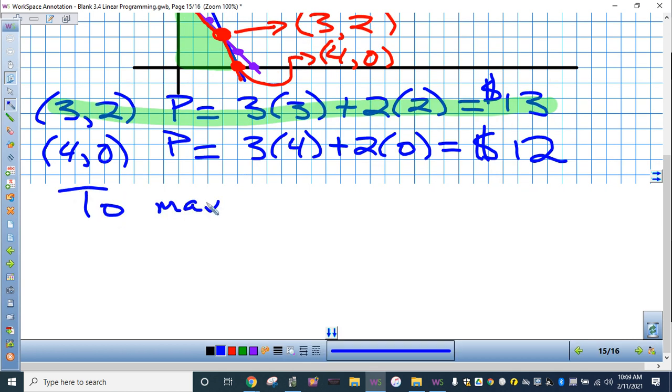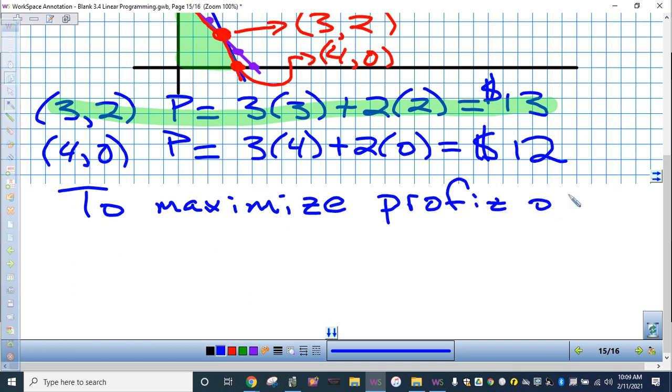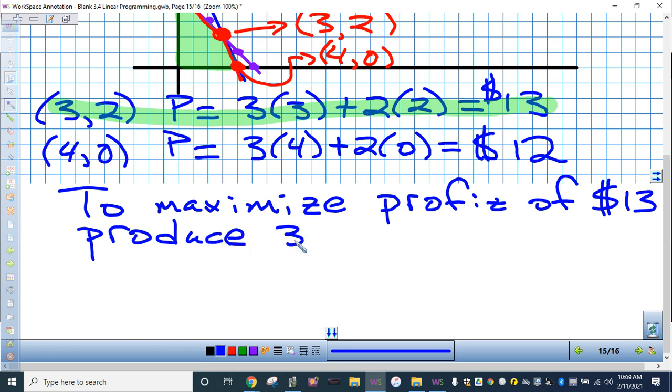To maximize profit of $13, you want to produce 3 trays of corn and 2 trays of bran muffins.